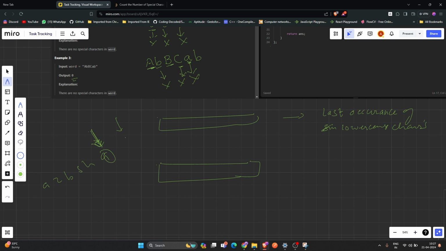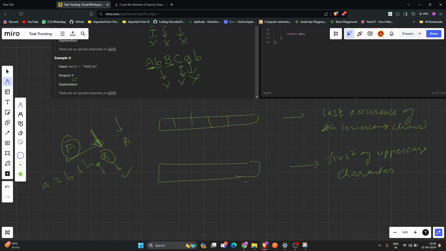If my capital A is coming after this, then it is a special character. But if my capital A is coming before this, somewhere here, then it's not a special character, because every a is not before its uppercase. So in this array we are calculating the last occurrence of the lowercase character, and in this array we are calculating the first occurrence of the uppercase character.